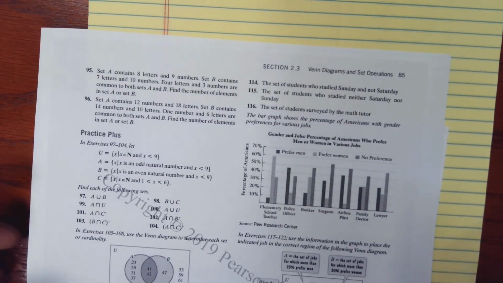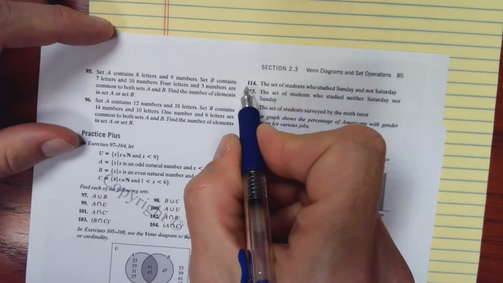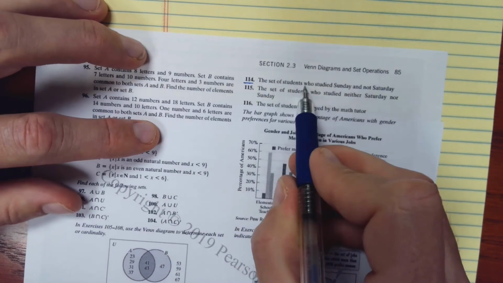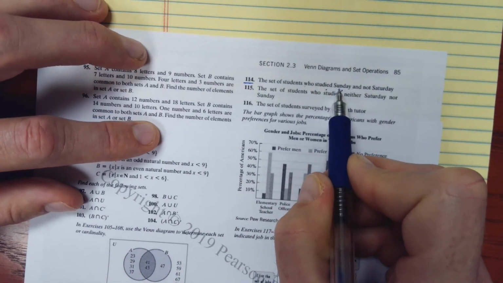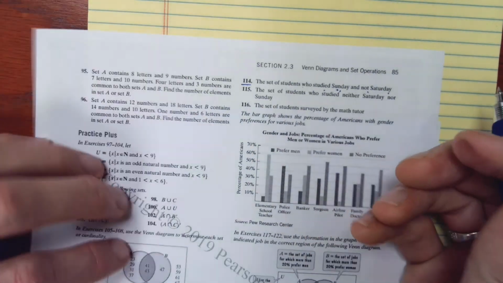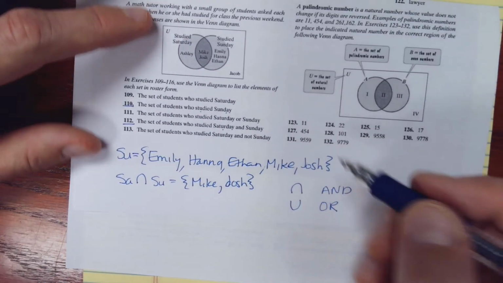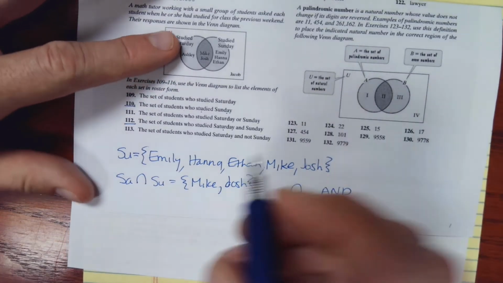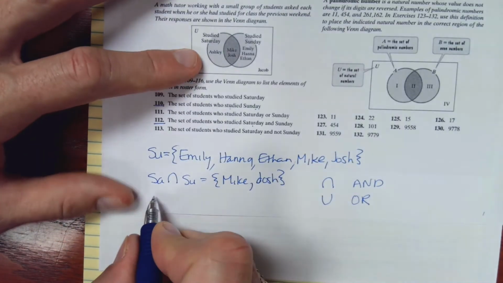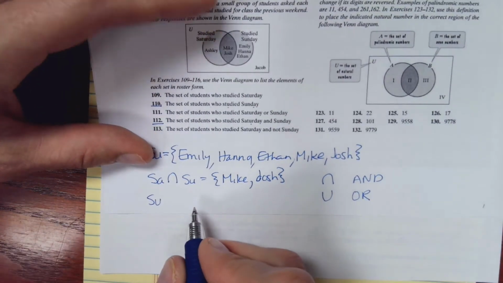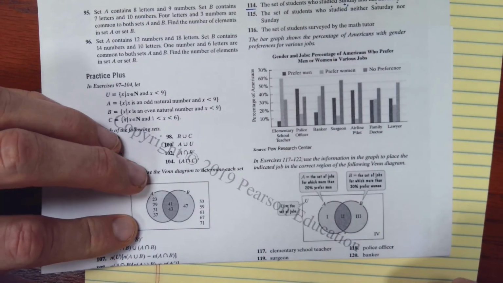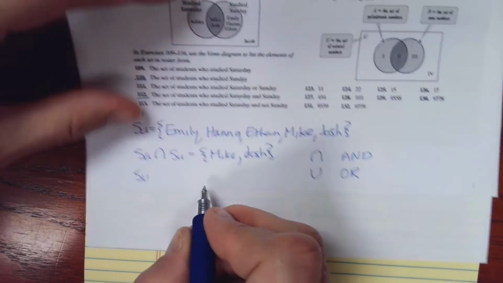Okay, and let's see. I'll also do number 114 here. The set of students who studied Sunday, but not Saturday. Sunday, but not Saturday. So Sunday, and not Saturday. So that would be this group of people.